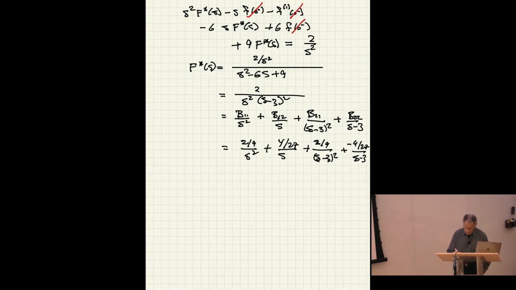So f of t, which is the inverse of all of that, you immediately recognize the things or go to the table and get it. 2 over 9 will multiply t. As I said, t turns into 1 over s squared. Plus I get 4/27, 1 over s becomes 1.